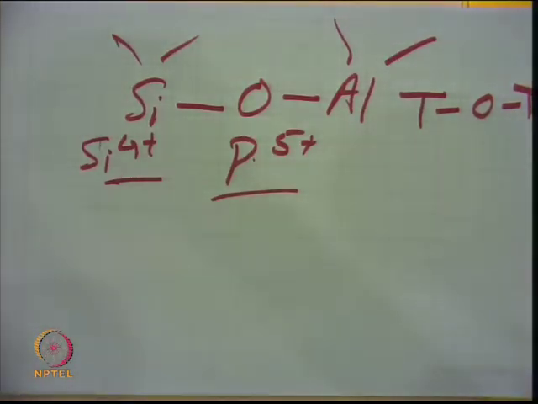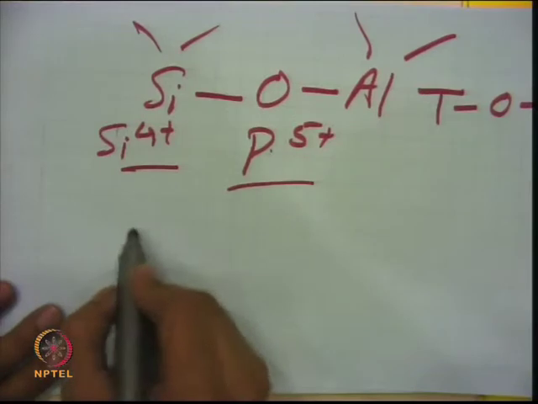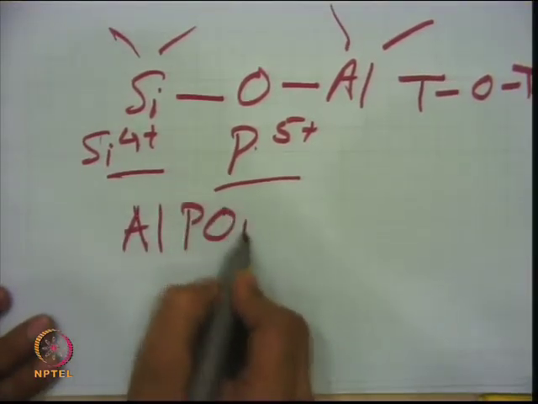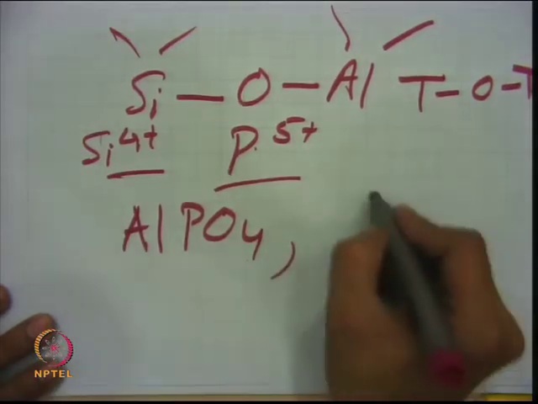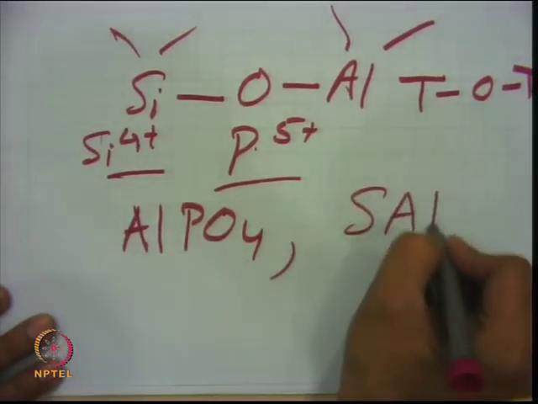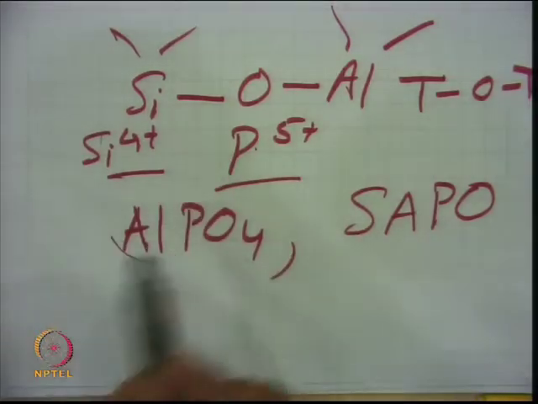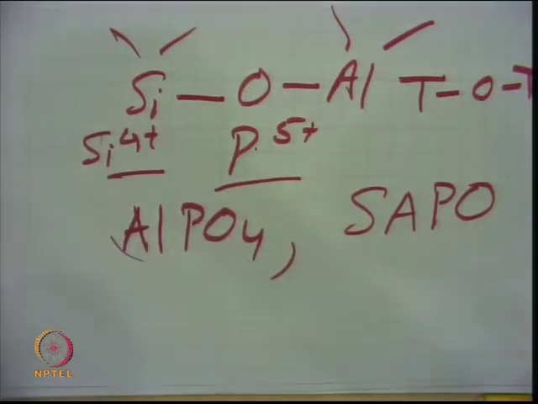Then it can be an aluminophosphate zeolite, AlPO4, or what we also call SAPO, silicoaluminophosphate. There can be silicon, aluminum and phosphorus, or all the silicon can be replaced from the framework by phosphorus 5+, and you will have an aluminophosphate type of zeolite. These zeolites have mild acidity.